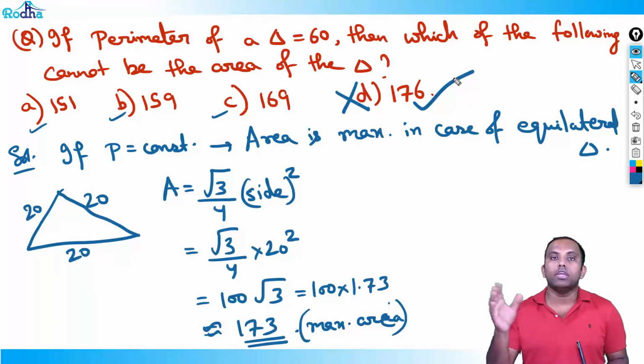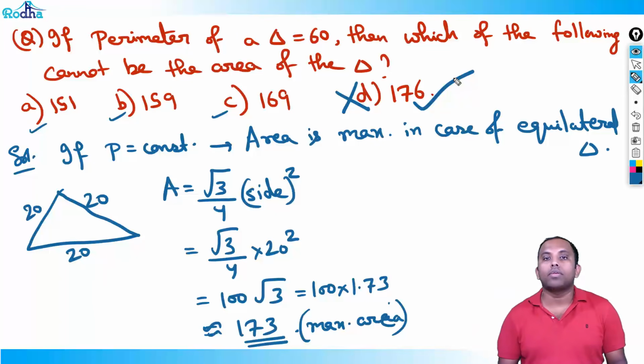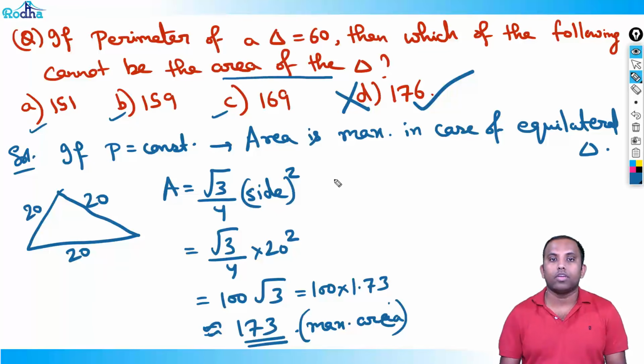So if perimeter is 60, 20, 20 and 20, right? The maximum area I can get is 173. But the option contains 176, and the question was which of the following cannot be the area of the triangle. So the answer is 176. Okay, so again a good concept, right? Note it down.